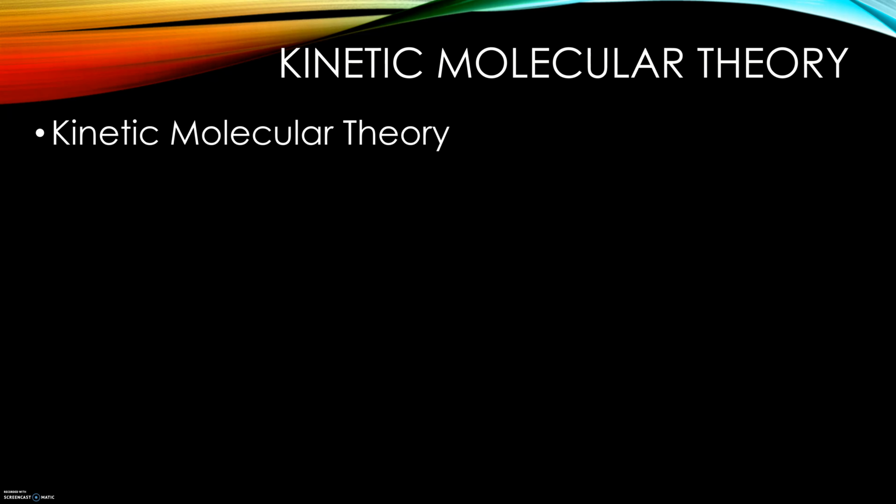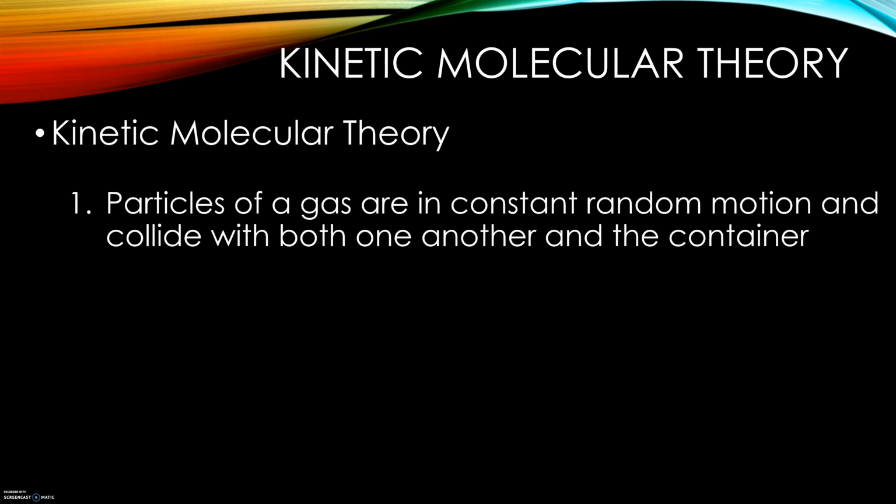So postulate number one: particles of a gas are in constant random motion and collide with both one another and the container. What it's saying is that these gas particles are tiny particles. Think of it as, let's say, if we were to magnify it, we're looking at a pool table with pool balls, and you hit the balls with your white cue ball.